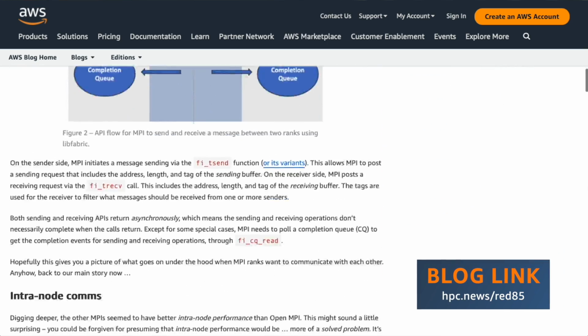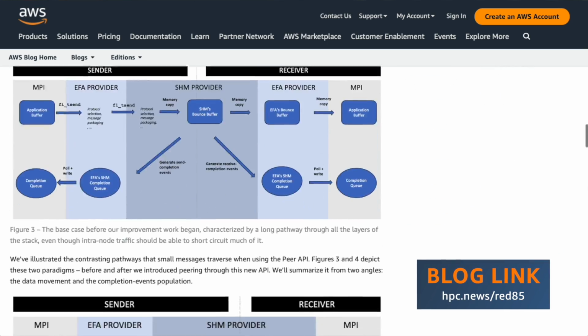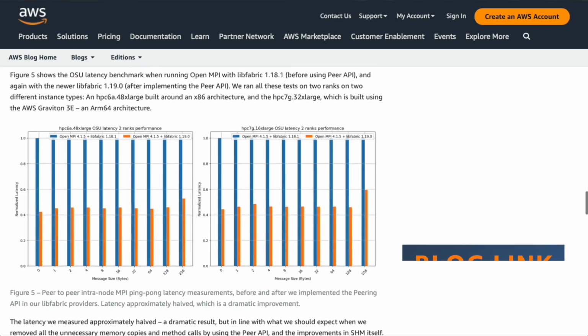Most of the bottleneck that we discovered at an OpenMPI level was coming from the fact that OpenMPI was using the intranode shared memory model supplied by libfabric. So our engineers had to dive into libfabric and do some work in there in order to shorten some of those paths. The result was, I think, around a 10% performance improvement for OpenMPI users, which, in your world, that's huge, isn't it?